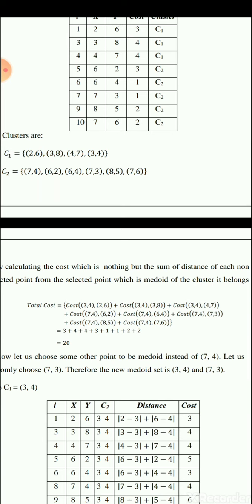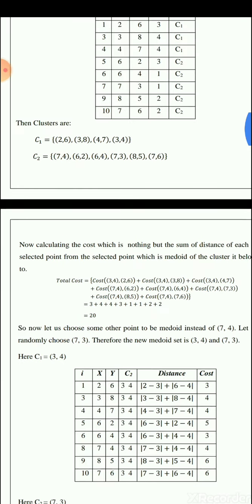Total cost is cost(3,4; 2,6) plus cost(3,4; 3,8) plus cost(3,4; 4,7) plus cost(7,4; 6,2) plus cost(7,4; 6,4) plus cost(7,4; 7,3) plus cost(7,4; 8,5) plus cost(7,4; 7,6). We get the value 20.